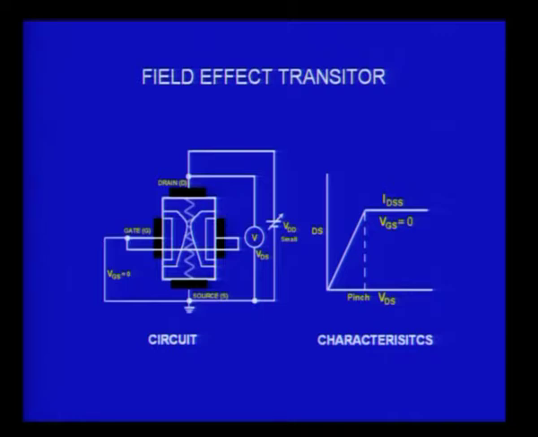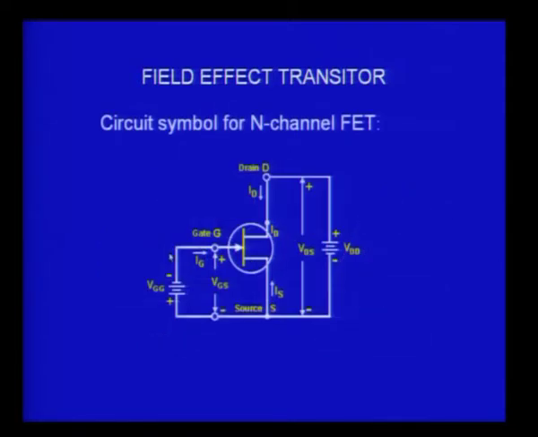Now, having seen that, what will we do? We will go back to the circuit, and then we can also connect a power supply between the gate and the source. We have a power supply between the drain and the source, which I call VDD. You can also have a power supply between the gate and source, which is VGG. In the case I just discussed, I made VGG 0.